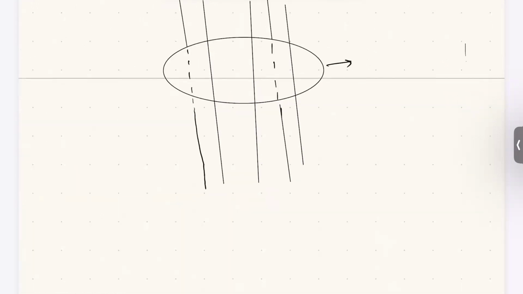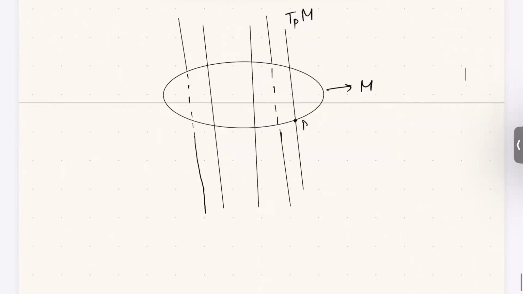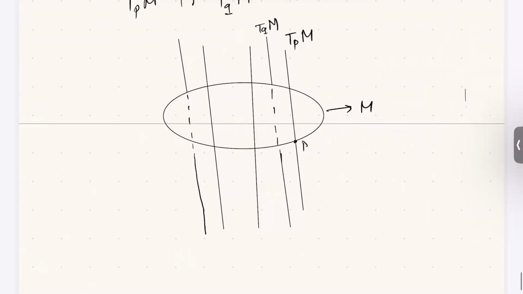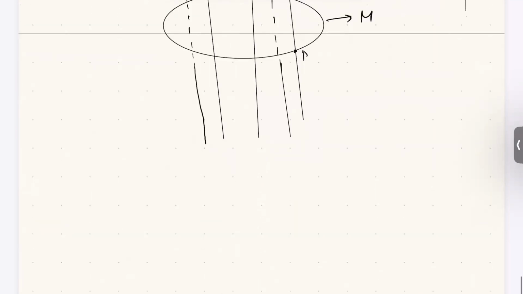Then this is our manifold M, and if this is P, then this is TPM. This is another, TQM. That means I'm attaching all these TPM to every point of the manifold, right? So this gives us a nice construction.